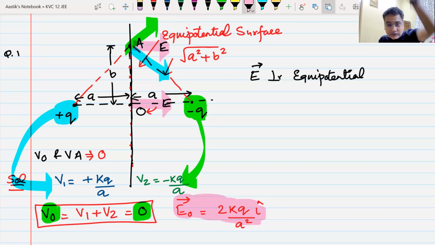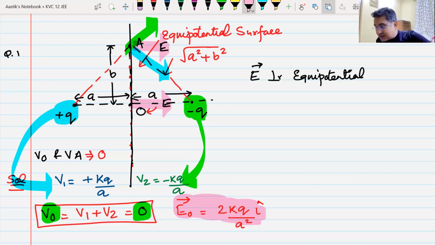Similarly, at all the points on this perpendicular bisector, potential is 0, but electric field is not 0. It has a magnitude, it has a direction. These are important points, and they come as multiple choice questions in your exam, and the best multiple choice questions on this E and V are given in SC Verma. I will discuss some of those if possible.